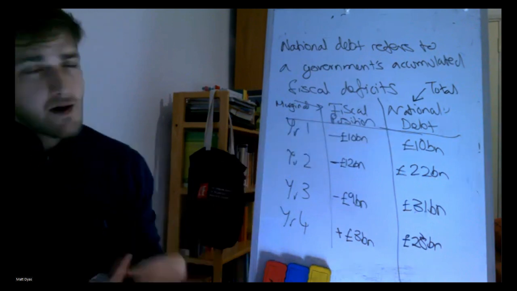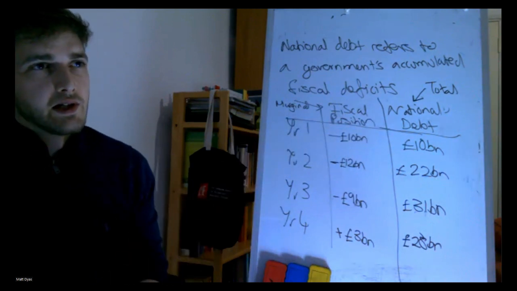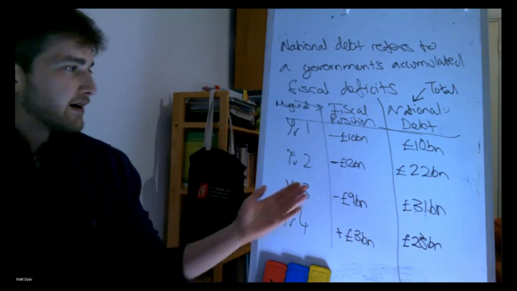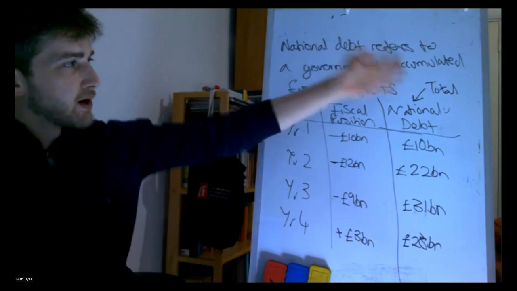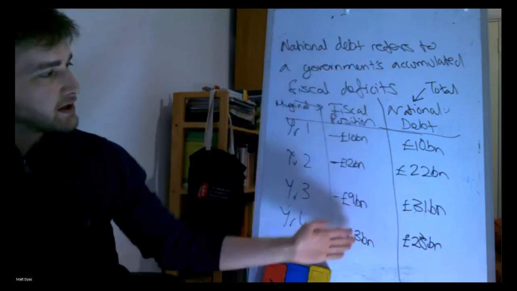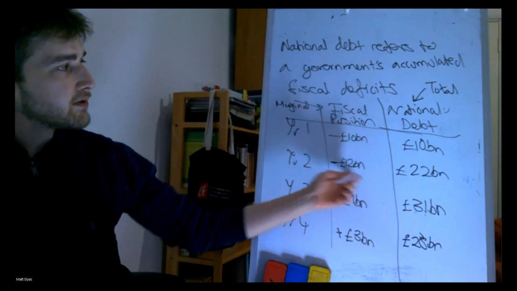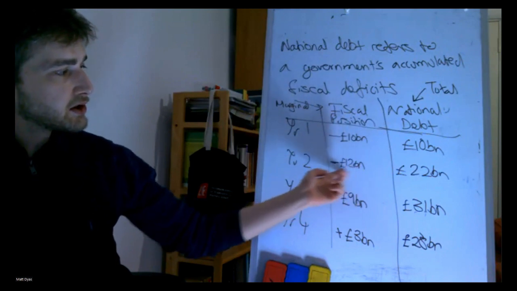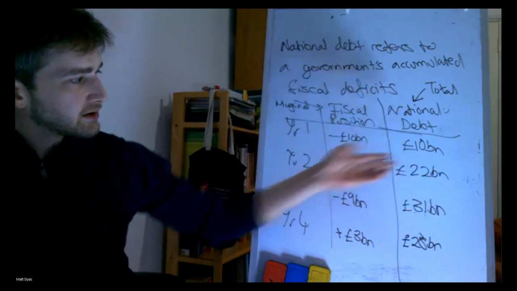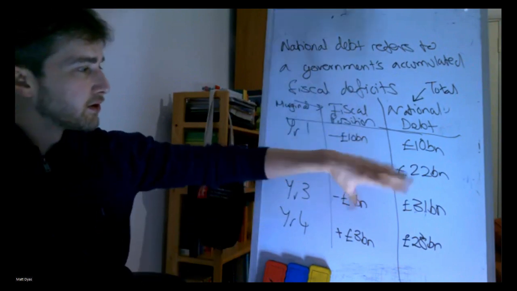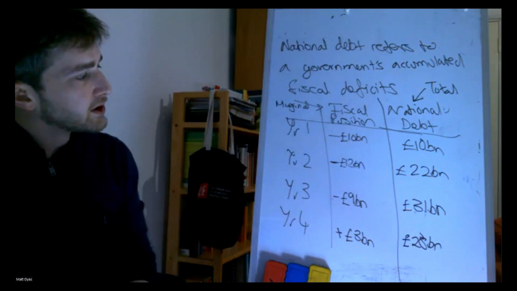So very, very similar mathematically, and it is also correct to say that much like the marginal is the gradient of the total, this is going to have the same relationship with this, and you can see that, right? If the fiscal position is -12 or +12, the national debt would change by 12.